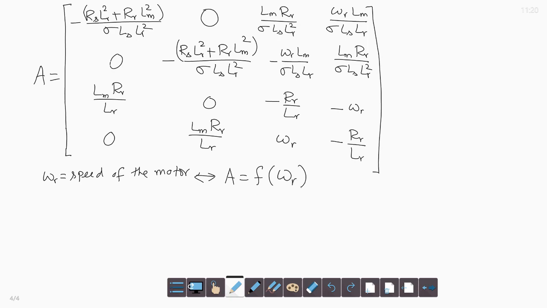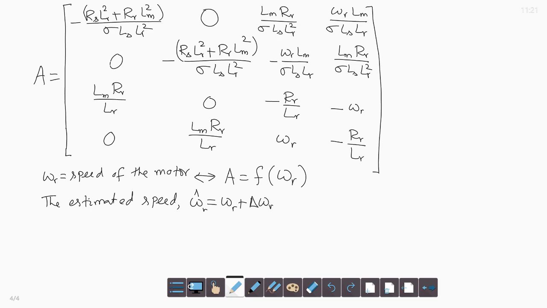As you can see, the A matrix has several parameters and the only variable is speed. So, let us write the estimated speed, that is omega r hat, equal to omega r plus delta omega r.